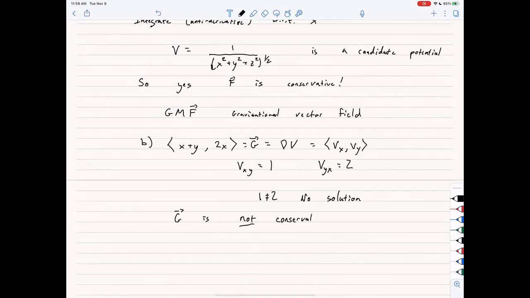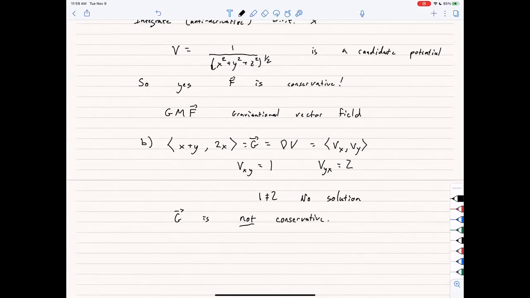Now, here's the thing. And we'll talk about that condition in a second. It's called the cross-partial test that I just applied. If you took a dart and you had the universe of vector fields and you just put them on the wall, and you threw the dart at that universe of vector fields, you would have a 0 probability of hitting a conservative vector field.